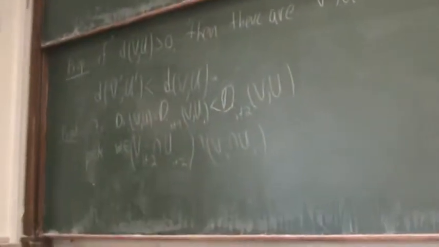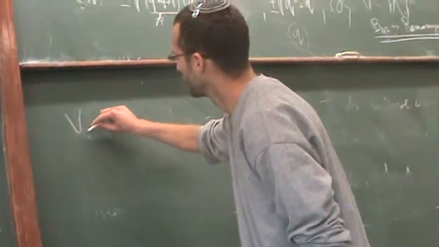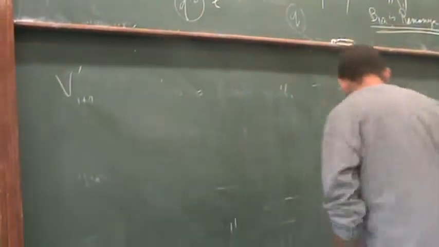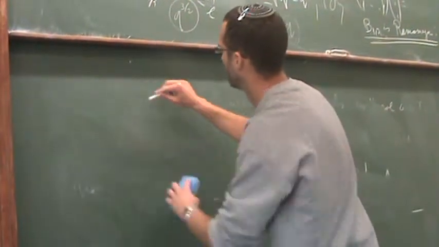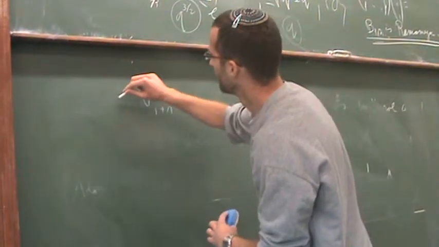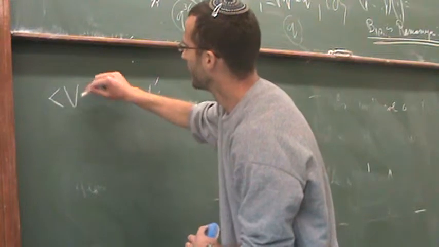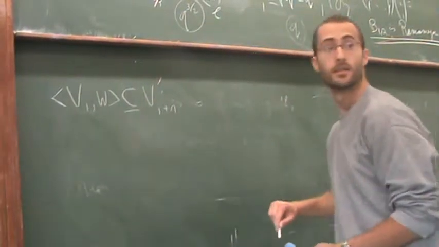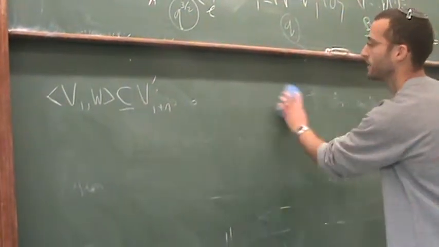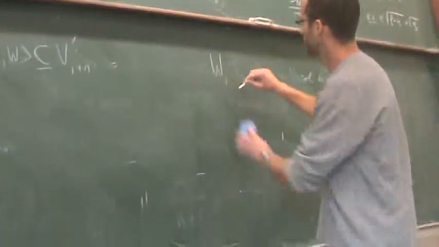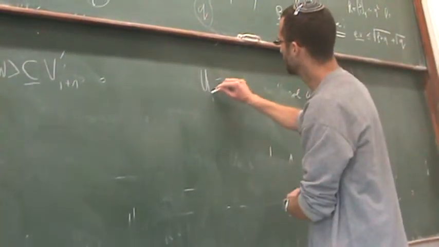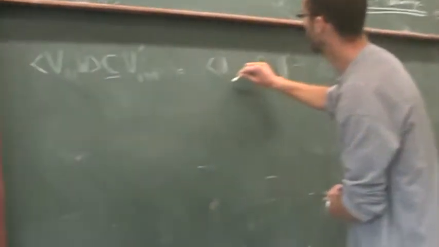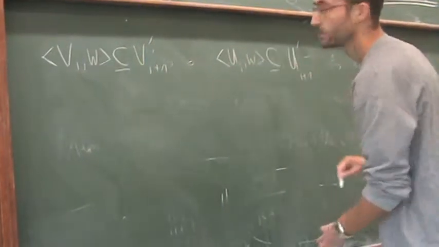So again, what I'm doing is just, I replace V_{i+1} with V_{i+1} prime, which contains V_i and this vector from the intersection of the higher space. Okay. And similarly, I replace U_{i+1} with U_{i+1} prime, which contains U_i and W. Okay.